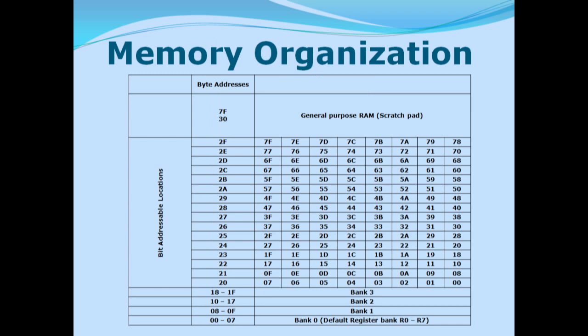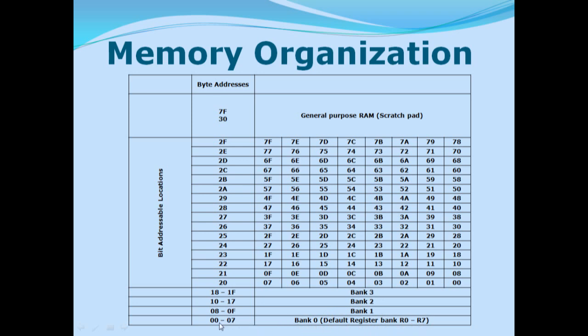So this is the data memory, that is RAM, we generally call, that is 128 bytes. Here, as we already discussed, there are 4 banks, bank 0, bank 1, bank 2 and bank 3. Each bank consists of 8 registers R0 to R7.